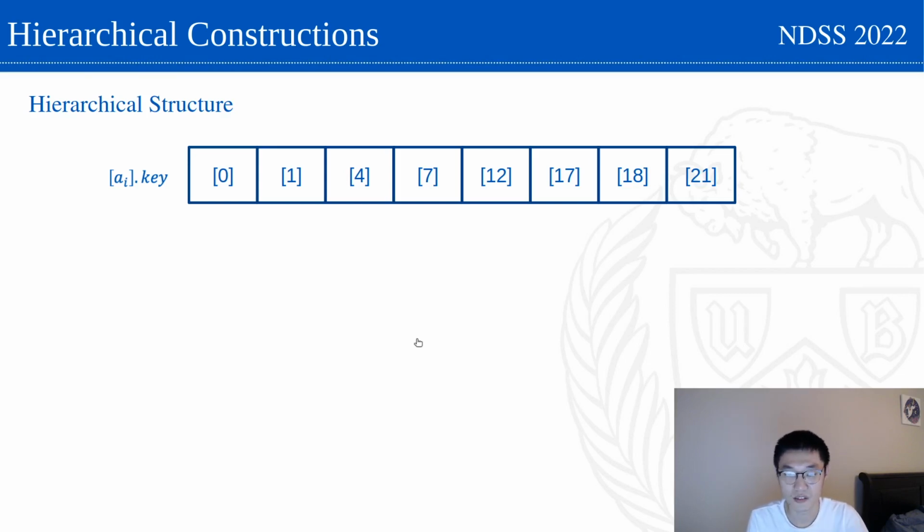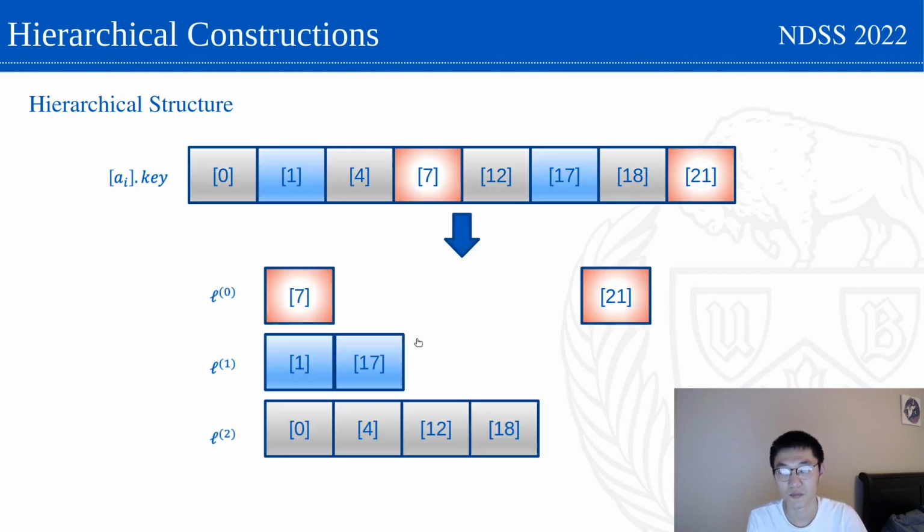Based on this observation, we could establish a structure like this. Because we only need to access one element in one layer during one access, when we are trying to hide the access pattern, we only need to hide which element we accessed in a specific layer instead of the entire array.